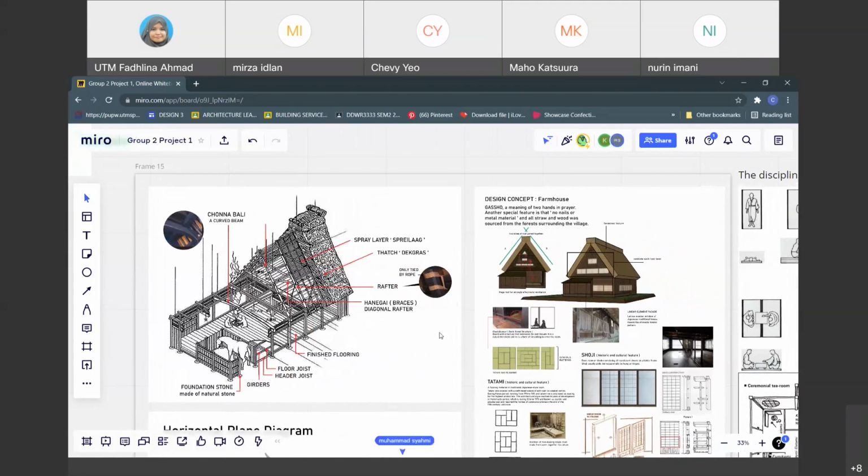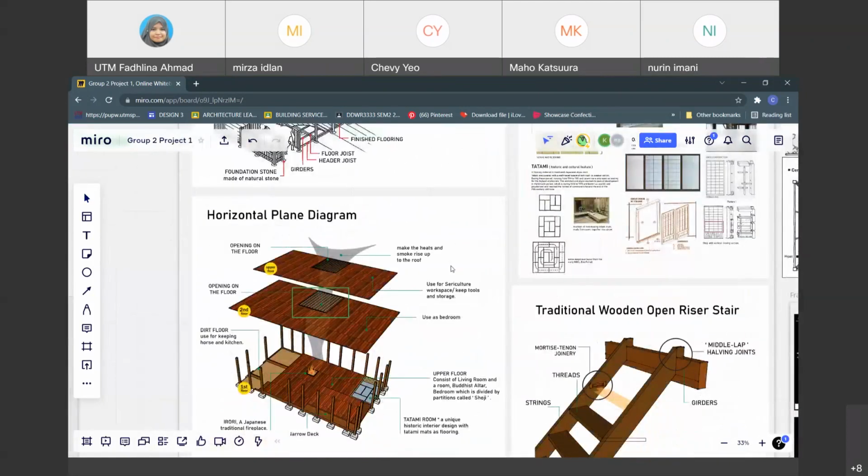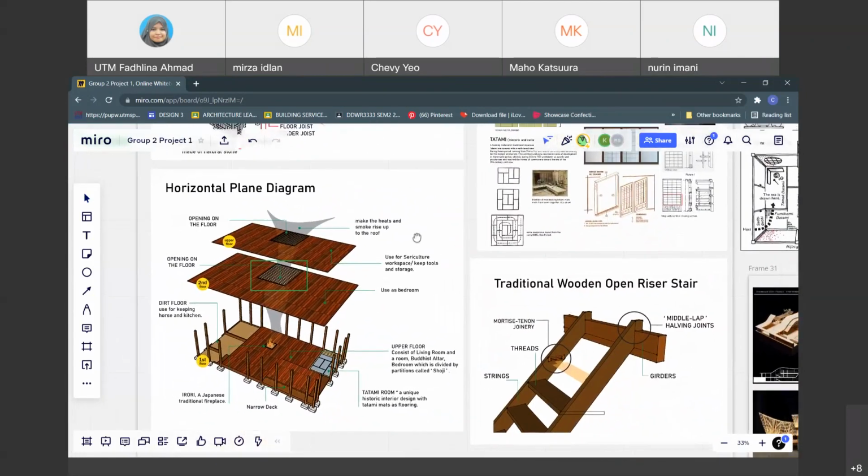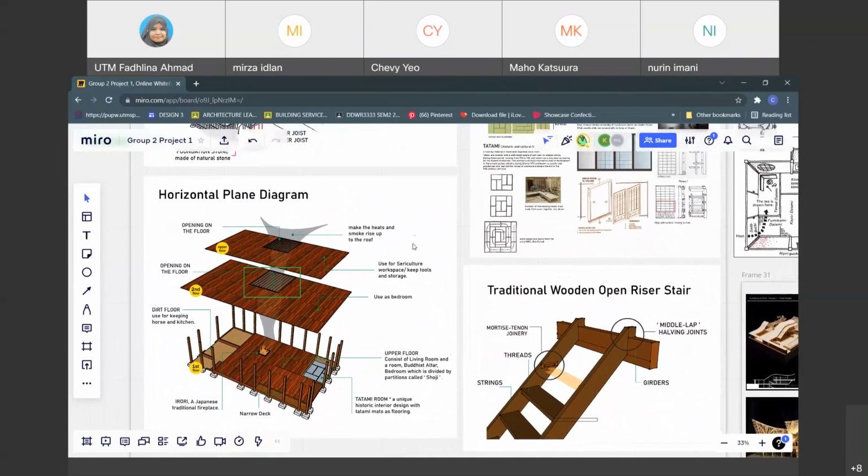So you can talk about it. But I cannot find the detail, the specific type or design of door or window. I can just find the concept or the style of window that the tradition uses, which is lattice frame.